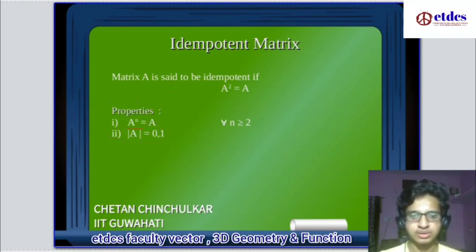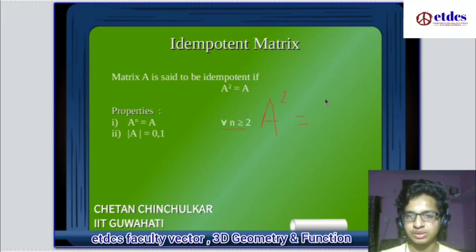The first property is A power n is equal to A, for all n greater than or equal to 2.